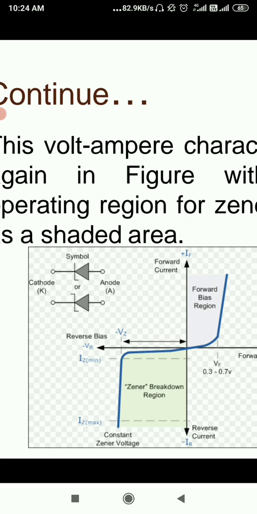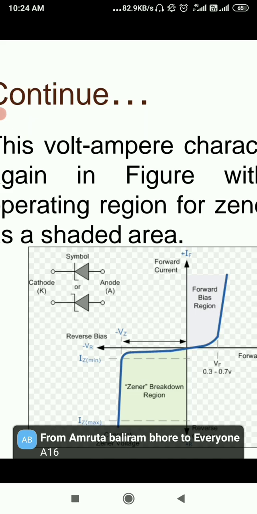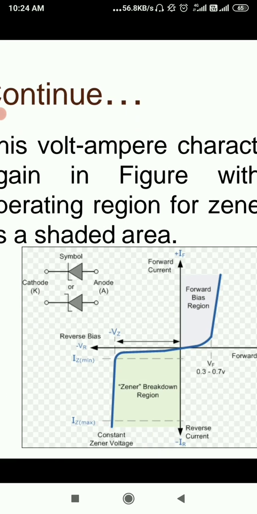When we give reverse biasing to the Zener diode and the voltage reaches the breakdown voltage, there will be a sudden and sharp increment in current. That current we call the Zener current. And from minimum Zener current to maximum Zener current, the value of Zener voltage is constant.